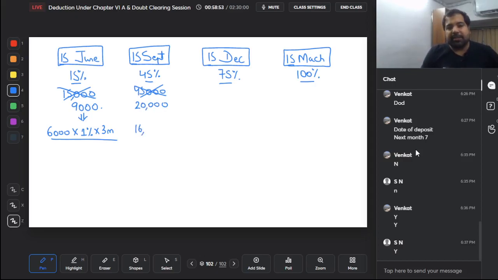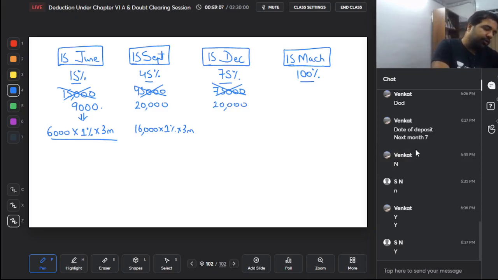So on that 16,000 shortfall, into 1% into 3 months. Here also you should have paid 75, but instead of that you paid 20 more. So 20 plus 20 plus 9 is 49. So 75 minus 49,000. Again you were short by 26,000 this time, into 1% into 3 months.